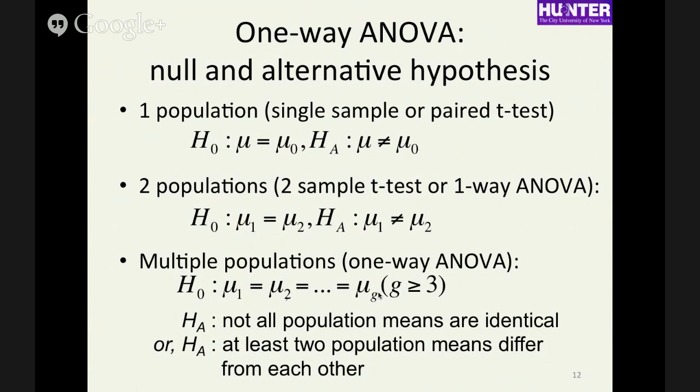So recall, let's compare these hypothesis tests. We started with one population, and we just compared a null hypothesis that our mean of interest was equal to a theoretical specified value, so some fixed value of the mean that we either knew a priori for the population or was some number of interest based on a regulation, something like that.